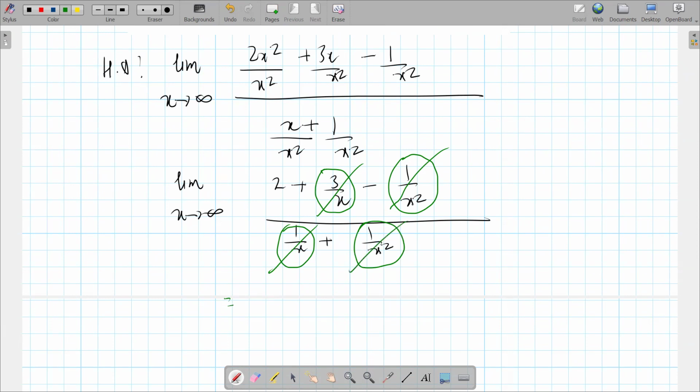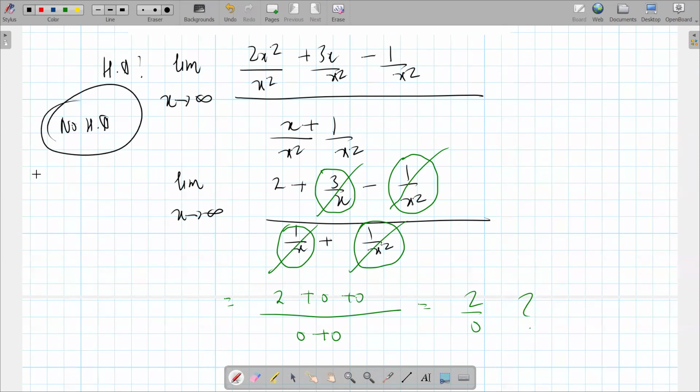Now look at what happens here. We have 2 plus 0 plus 0 over 0 plus 0. 2 over 0. What is that? Can we evaluate 2 over 0? No, we cannot. So what does this mean for us? This means there is no horizontal asymptote.